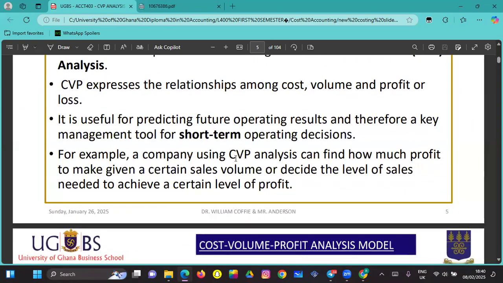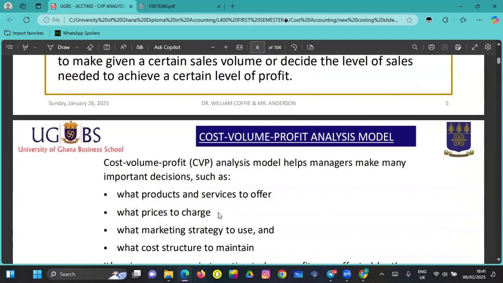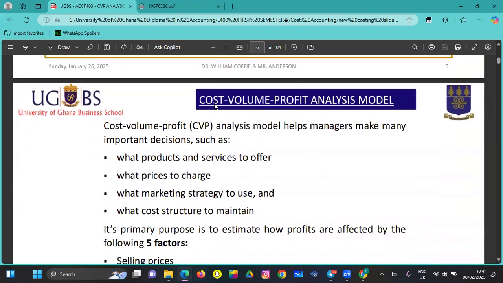For example, a company using CVP analysis can find how much profit to make given a certain sales volume, or decide the level of sales needed to achieve a certain level of profit. In this session, we are going to talk about some stuff that will help us understand all this, the so-called cost volume profit analysis model.